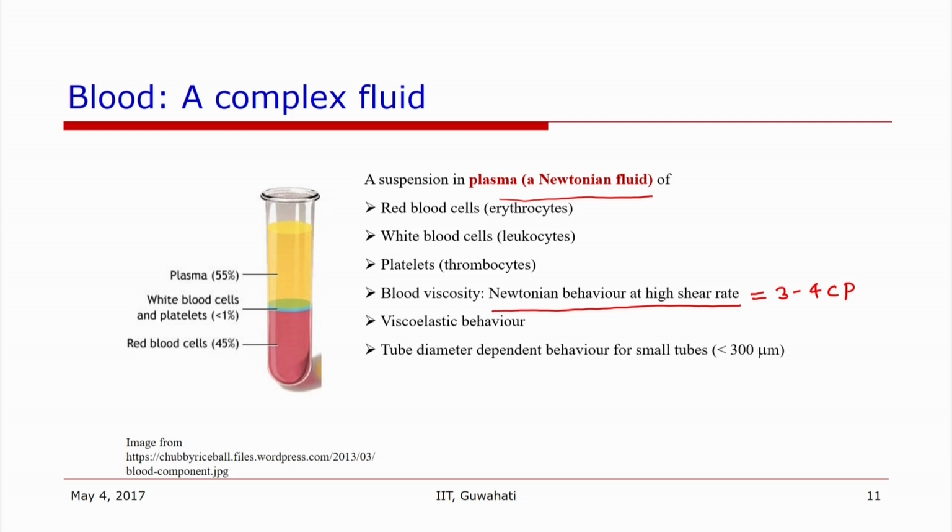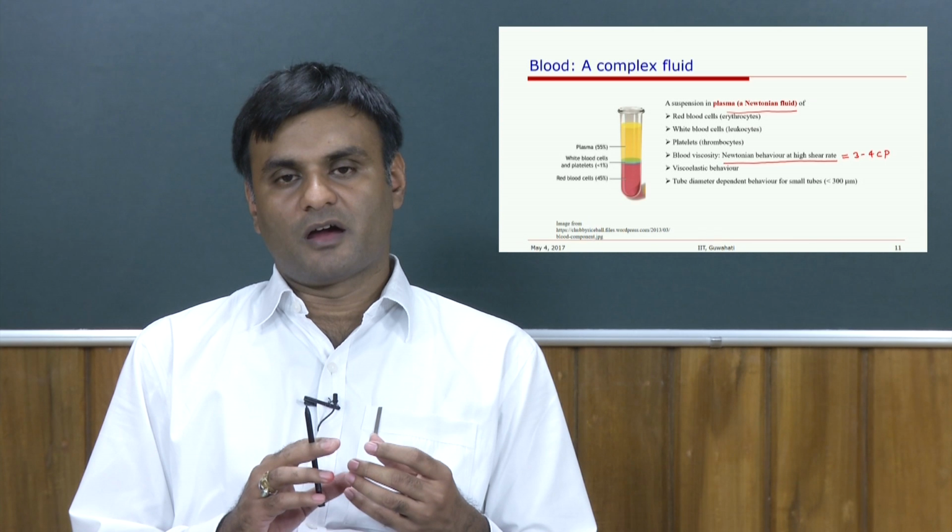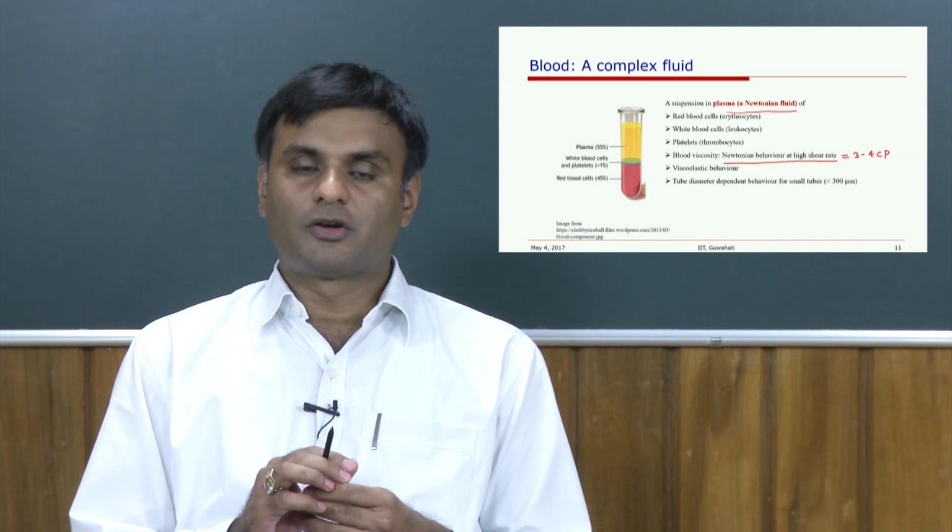They are soft particles and have viscoelastic nature. So, blood also shows viscoelastic behavior. The size of these particles is about 8 microns.